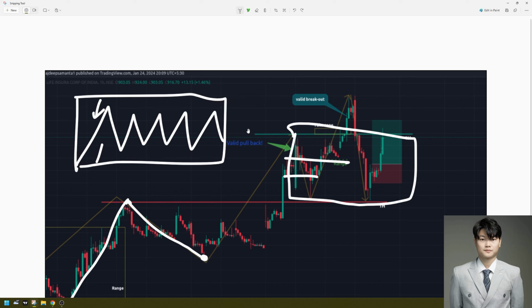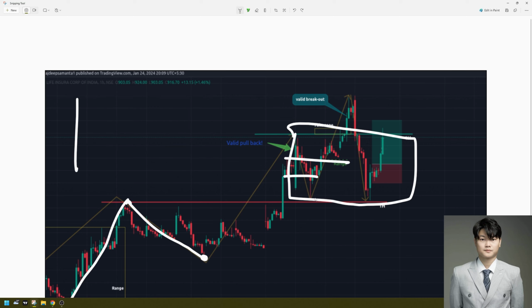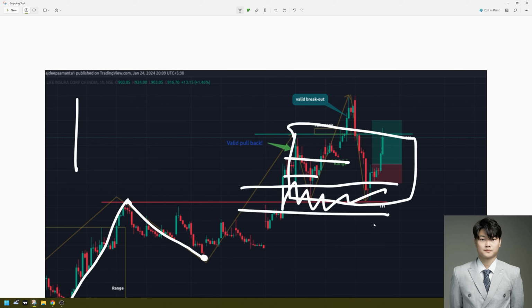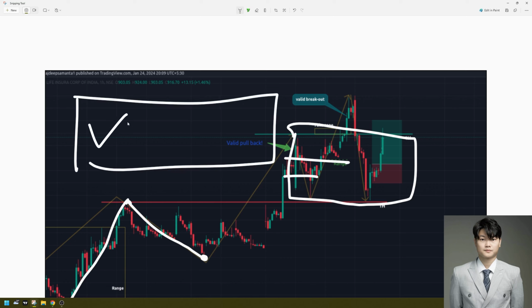And sometimes you can see that the market is respecting a range like this. For example, we have a range right here and the market is respecting the range. What is the reason why? I can list some of the reasons right over here. First of all, the range right over here has institutional candles inside.